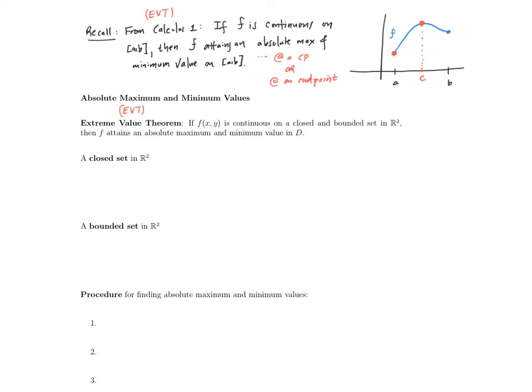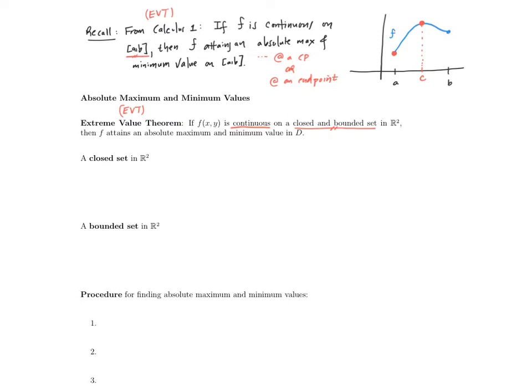The two big hypotheses: we need the function to be continuous, and we need it to be on a closed and bounded set. Note that this closed and bounded set is analogous to that closed interval from a to b. The new concept here is understanding what we mean by closed and what we mean by a bounded set.